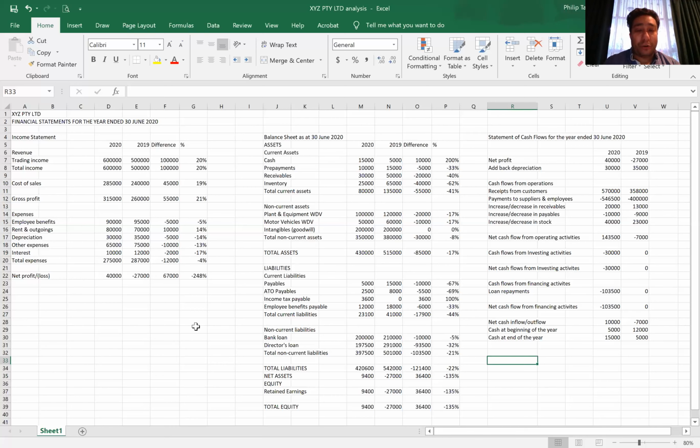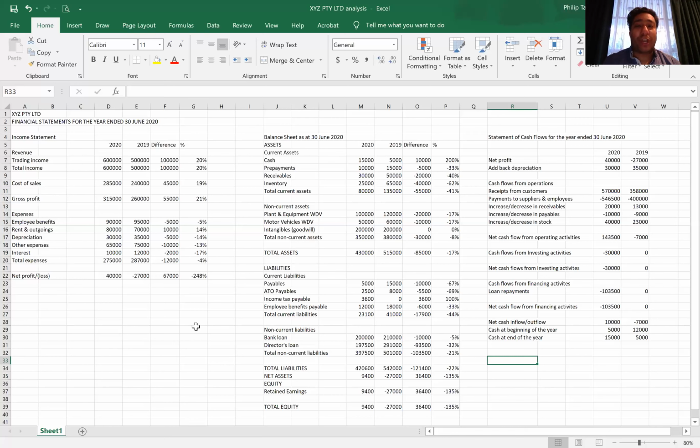Now, a ratio analysis is widely used by analysts and also accountants in analyzing the business performance and position by using a wide range of measures. For example, gross operating margin, net operating margin, or gross profit margin and net profit margin, current ratios, debt to equity ratios, liquidity ratios, operating cash flow ratios.